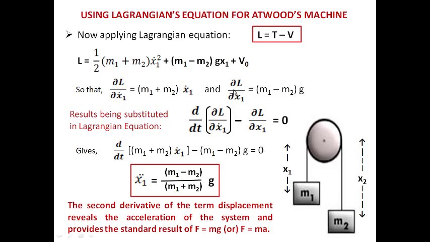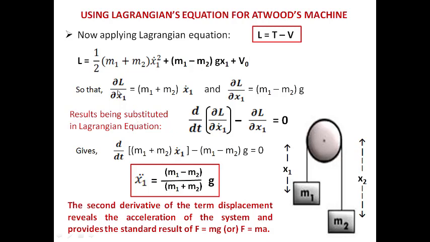Likewise, if I differentiate L with respect to x1 alone, the first term will not come, it becomes 0, whereas in the second term we have x1, so dx1 by dx1 cancels, and I get dou L by dou x1 equal to m1 minus m2 times g, whereas V naught is a constant, so we do not get the value of V naught after derivation.